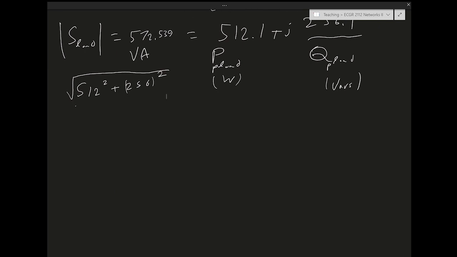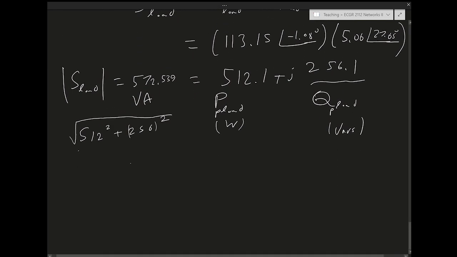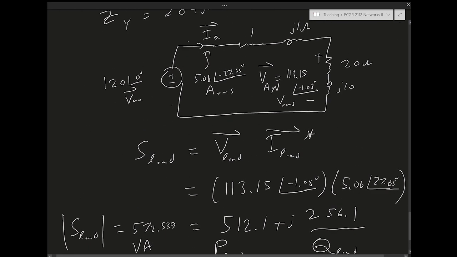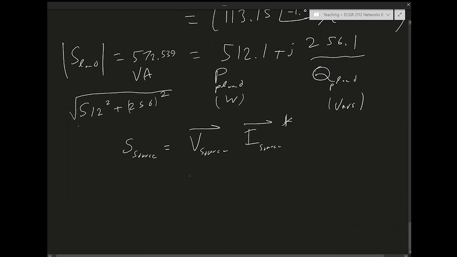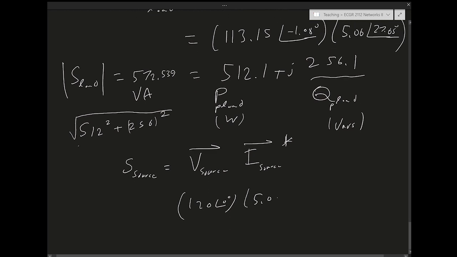Okay, now what about the source? What about the S source? That's going to be V source phasor times I source phasor complex conjugate, and we know what the V source is going to be. It's going to be 120, right? So this is going to be 120 at 0 degrees, and then the current is the same, which is 5.06.